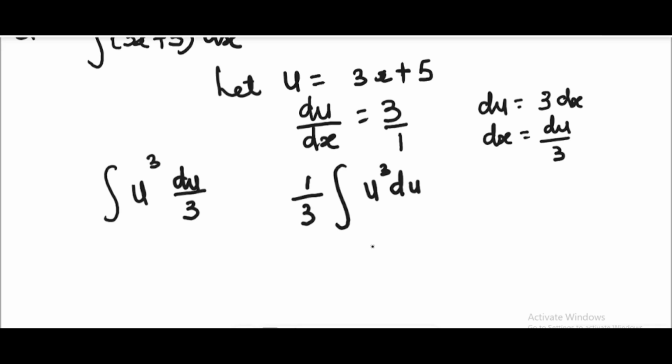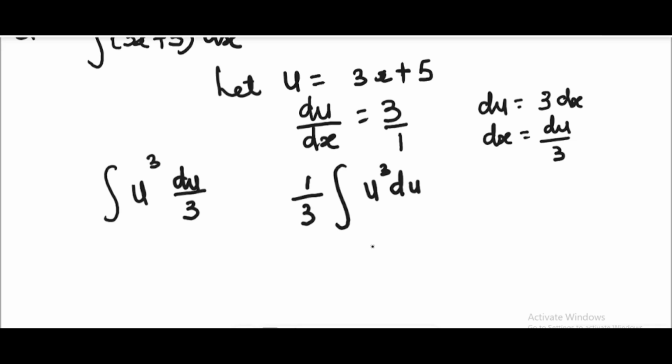Now remember that u wasn't in the original question, we actually substituted. So recall that u is equal to what? 3x plus 5. So replacing, we will have (3x plus 5) raised to the power of 4 over 12 plus c, and that is that. So we can't simplify further. Assuming that 5 there was a multiple of 3, we would have factored out and then reduced the fraction further.